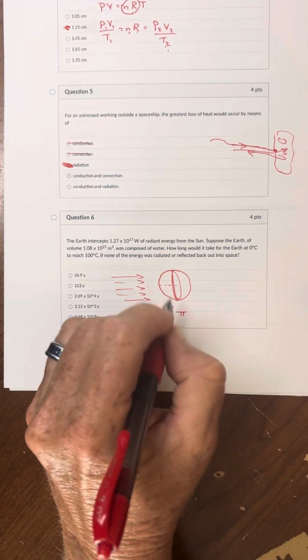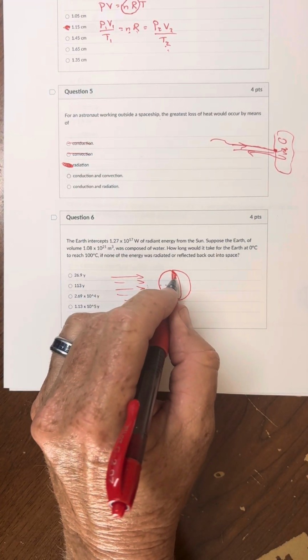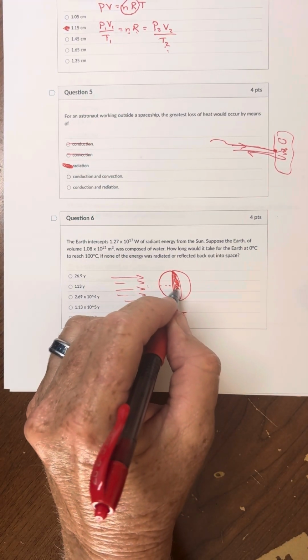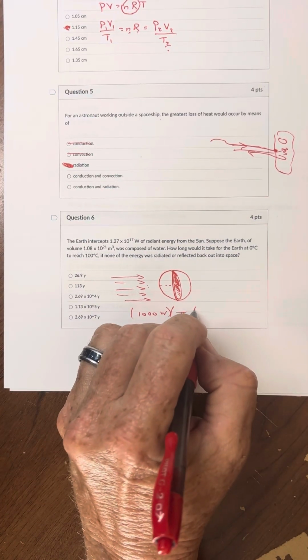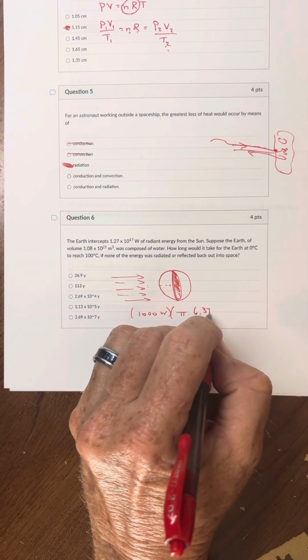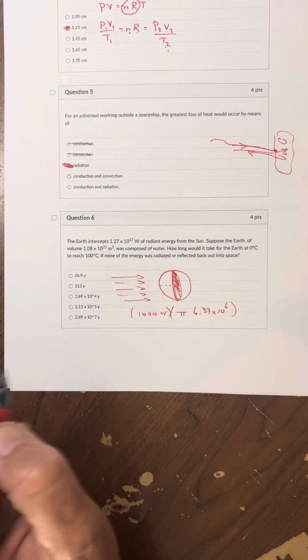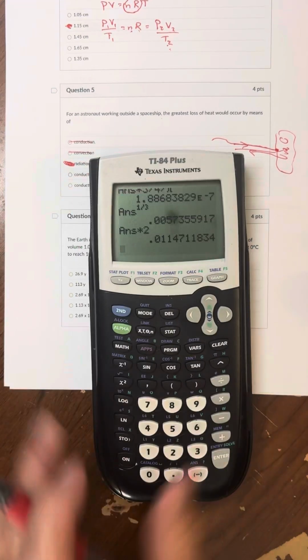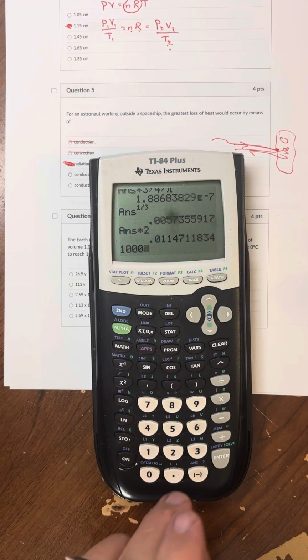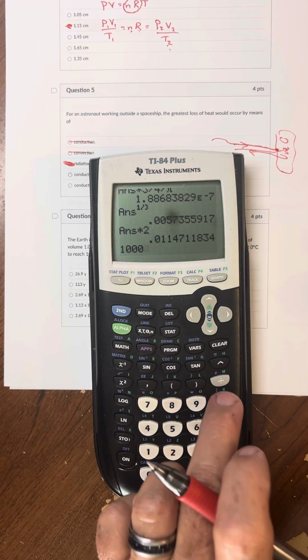And then imagine cutting the Earth like a tomato or something. It'd be pi r squared, and the radius of the Earth, about 6.3. And maybe I shouldn't take time to do this, but I am curious.